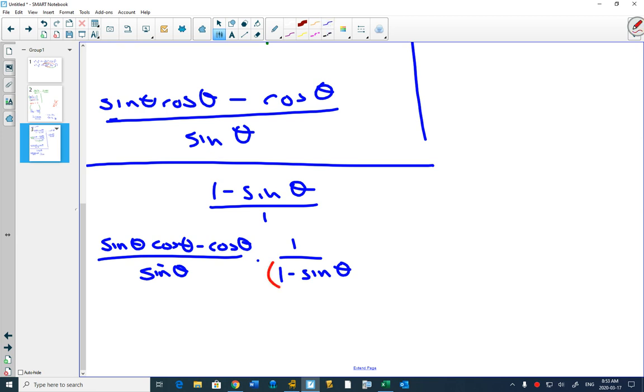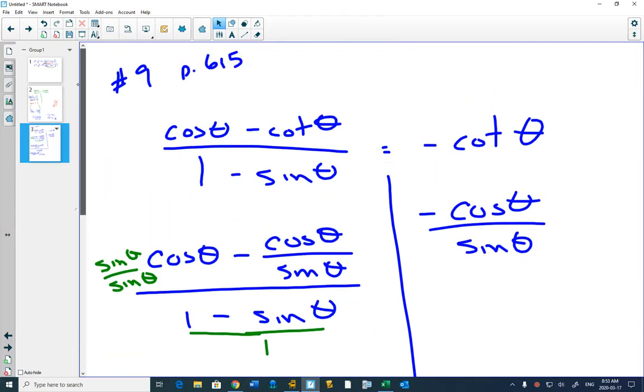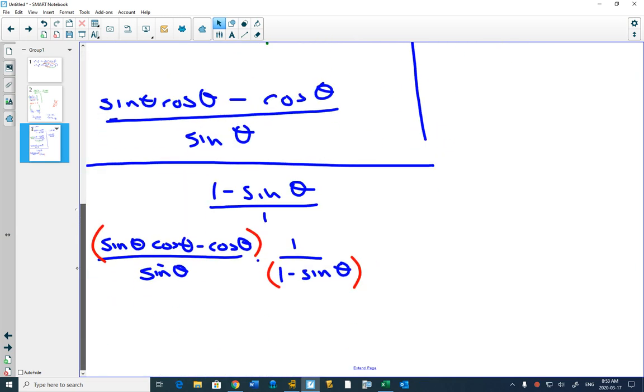This is grouped together. This is grouped together. A tempting thing that people want to do is cancel out these signs. They're grouped together. Anything that's connected by adding or subtracting groups it together as a single factor. So when I look at those things grouped together, there's nothing that I can cancel. So I'm going to look back at the other side and say, okay, it's just cos theta over sine theta.